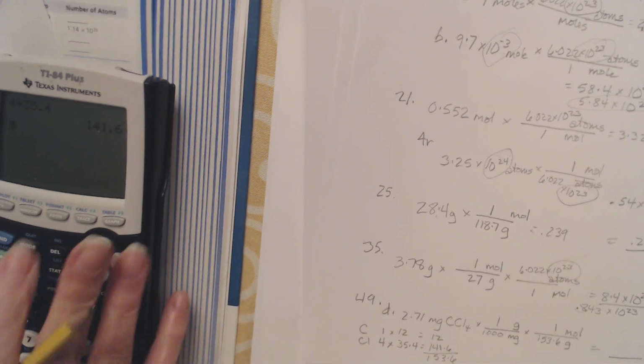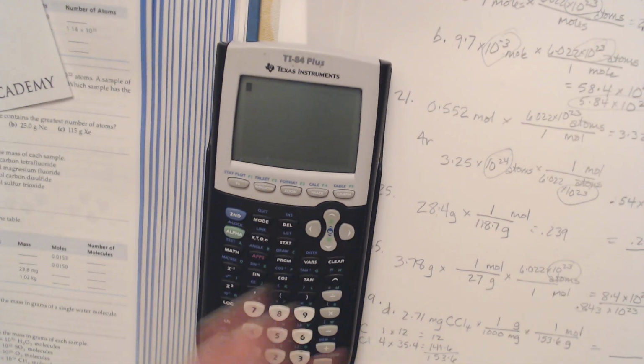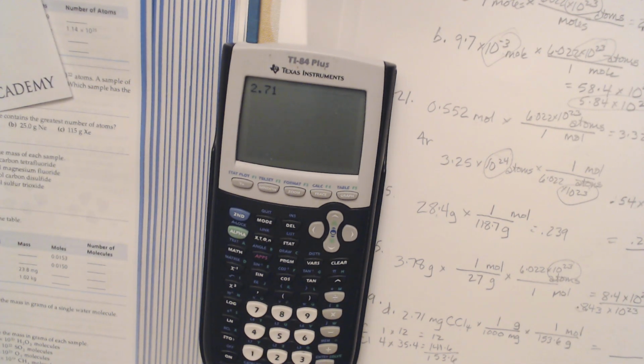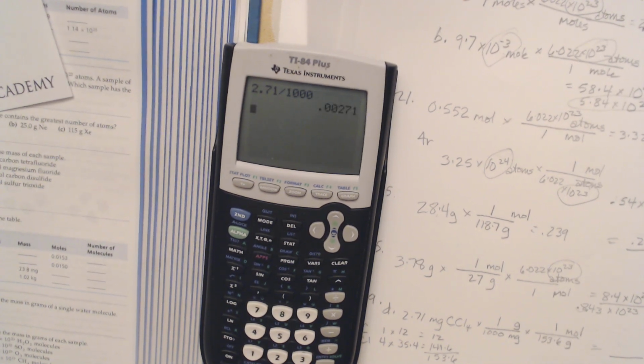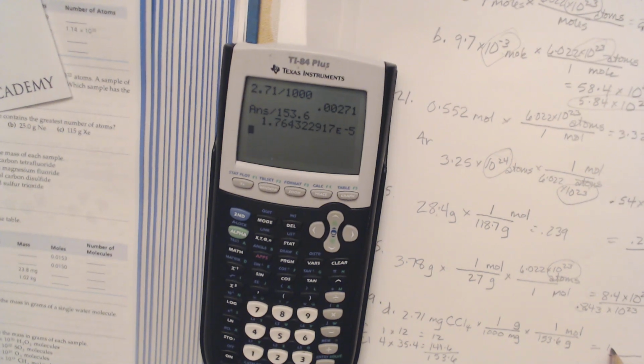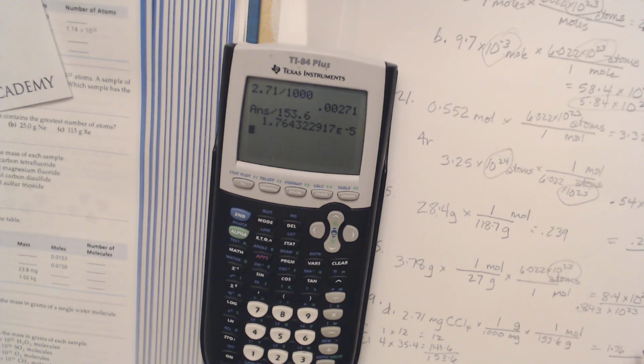All right, so now let's get in and do the math. So we're going to say 2.71 divided by 1,000, and then divided by 153.6 equals, I get 1.76 times 10 to the negative 5.